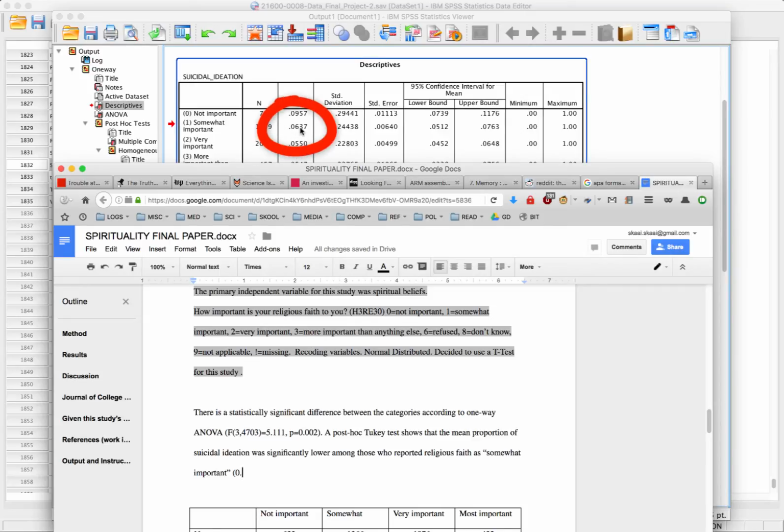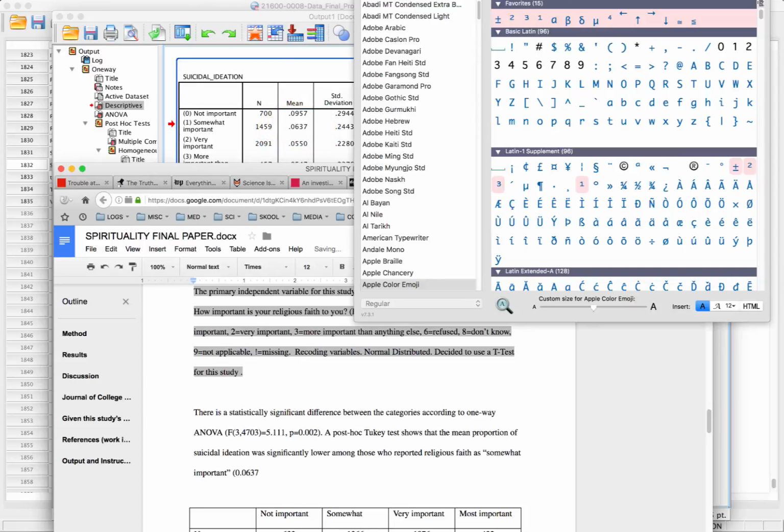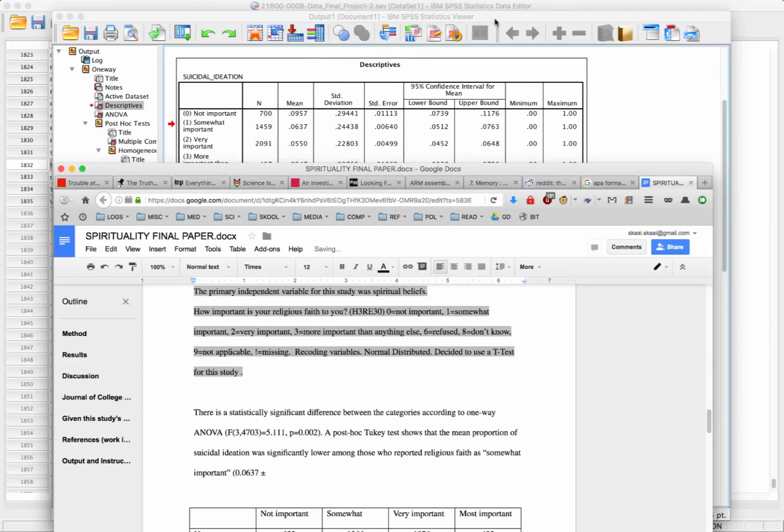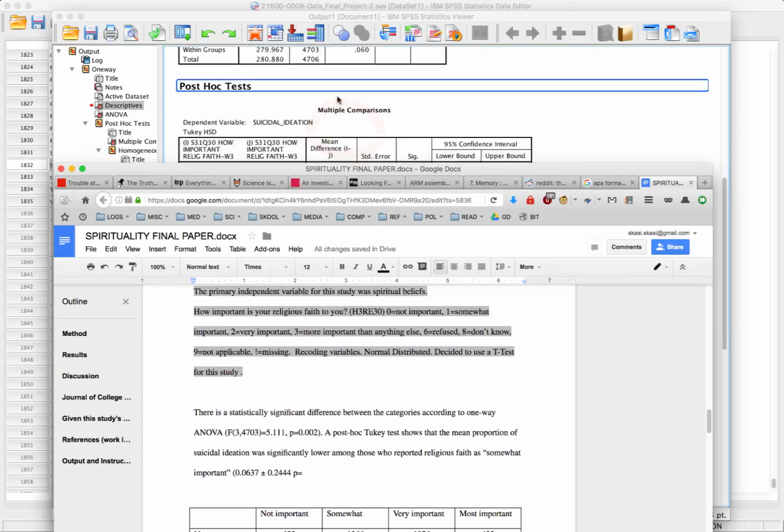There we go. That's the mean value up here. That's 0.0637, and then plus minus, and that's the standard deviation, 0.2444, and then the p-value, we get that from our Tukey test.